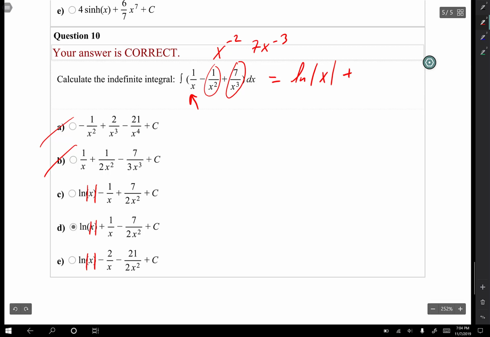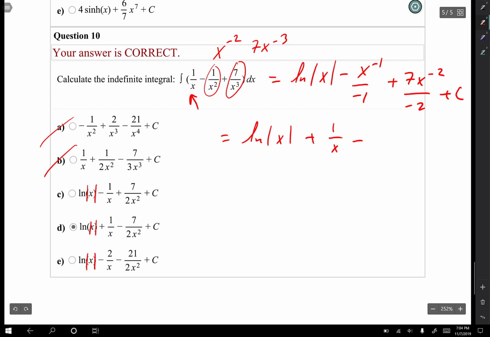Oh, there's a minus already in there, so I'm going to write minus x to the negative 1 divided by negative 1. Plus 7x to the negative 2 divided by negative 2, plus c. So my final answer is ln, absolute value of x, plus 1 over x minus 7 over 2x squared plus c. And there it is.